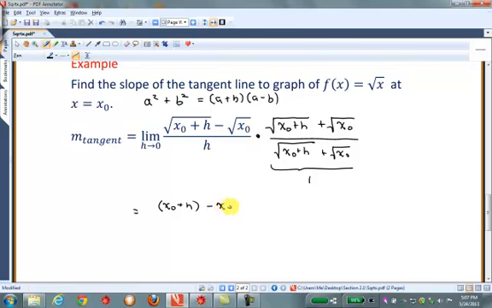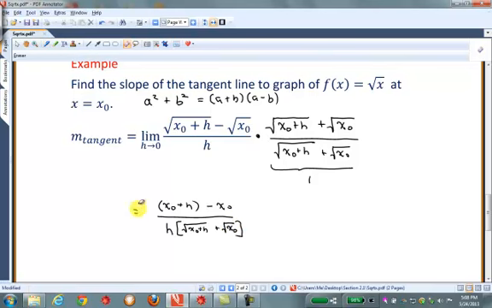That'll be x0. And if you multiply that out using the FOIL method, you'll see that that happens. In the denominator, I'll get h times, I'm not going to multiply it out, and you'll see why in a second, the square root of x0 plus h plus the square root of x0.